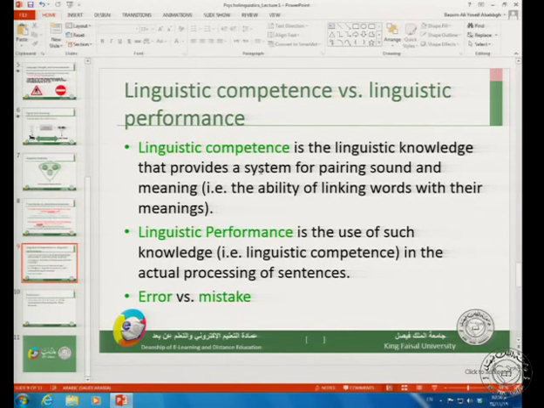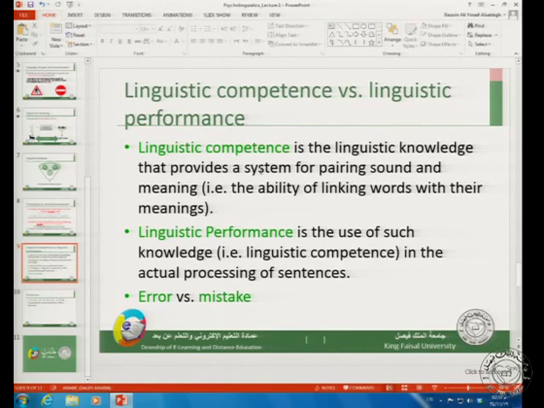Here we have a difference stemming from this distinction between performance and competence, which is error versus mistake. As a student, even native speakers make mistakes while they speak.